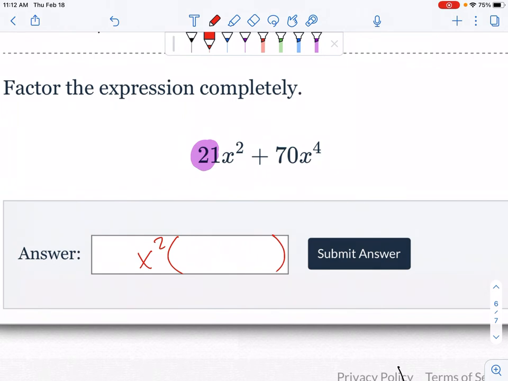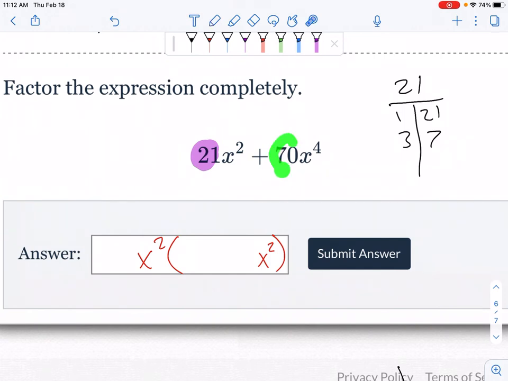And that's going to leave me with an x to the 2nd here because I'm doing 4 minus 2. And x to the 2nd means I'm not going to have an x term in my first term. And then 21, we can split into 1 times 21, 3 times 7, and those are the only ones that work.